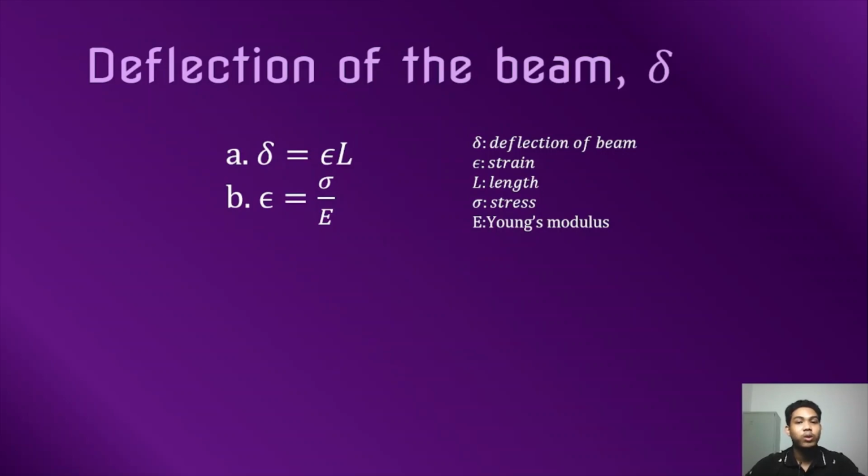There are two equations that we need to calculate the deflection. First, the formula is delta, the deflection of the beam, equals strain times the length of the bar. And the second equation is the strain equals stress divided by the Young's modulus of the bar.